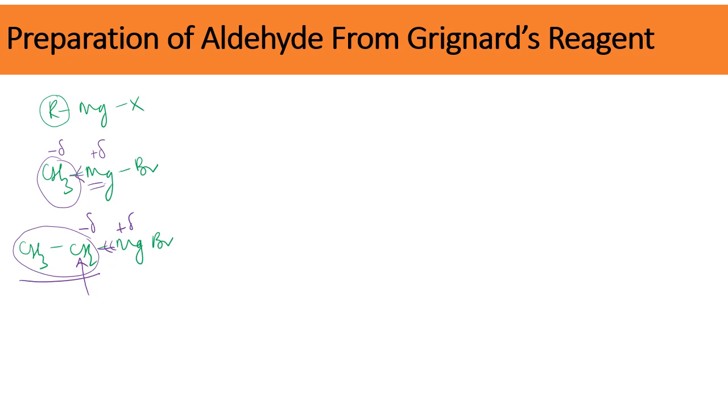When we want to go for the preparation of aldehydes from Grignard reagent, then we need a system where we have a hydrogen, because in an aldehyde on one carbon I need hydrogen compulsorily, right? And I want to attach my Grignard to this carbon. So the other reagent which you are using is hydrogen cyanide, HCN.